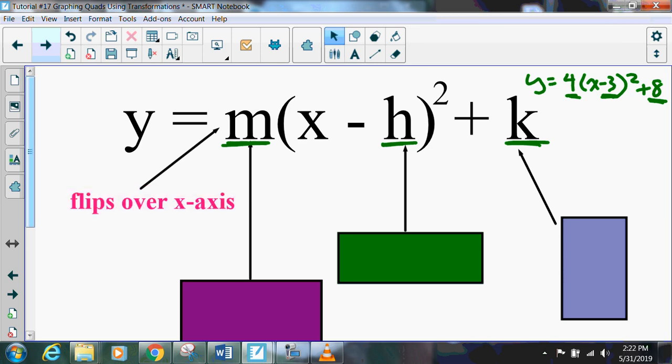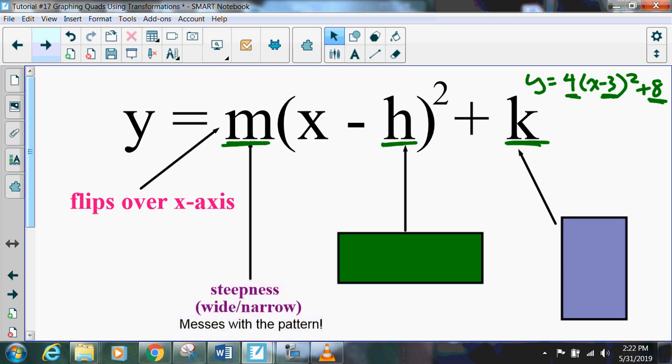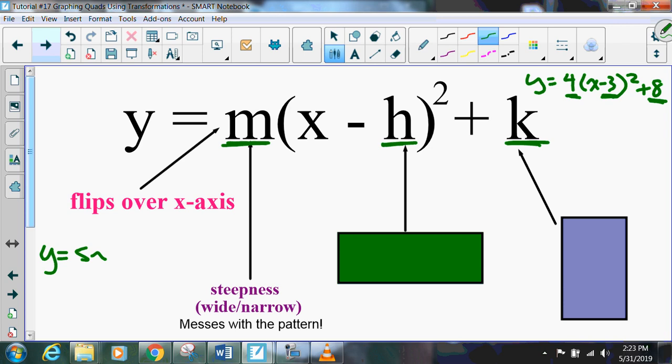Okay, so here's the deal. Yes, the m, the slope, is going to affect how steep or narrow our quadratic looks. For example, if we see something like this, y equals 5x squared, that's going to be steeper than our parent function.